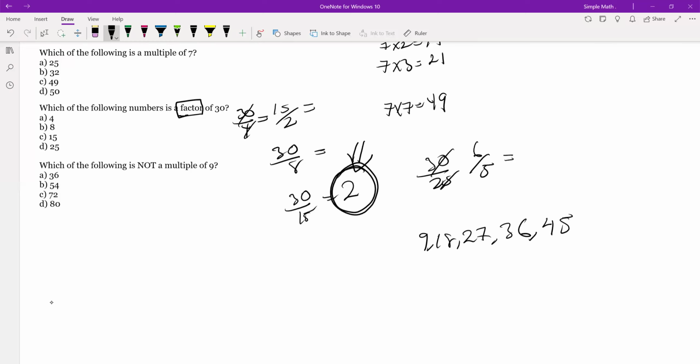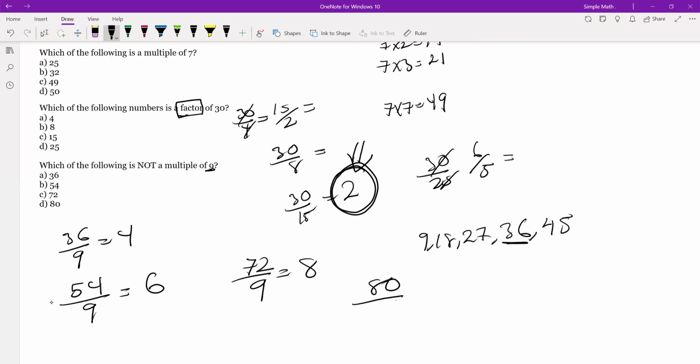Again, the quickest way to answer these questions is to start dividing by 9. 36 divided by 9 gives you 4. 54 divided by 9 gives you 6. 72 divided by 9 gives you 8. 80 divided by 9, aha, we have a culprit. 80 divided by 9 is going to give you 8 whole number and 8 over 9. So 80 is not a multiple of 9. The answer here is going to be 80.